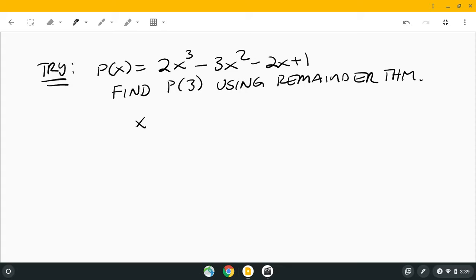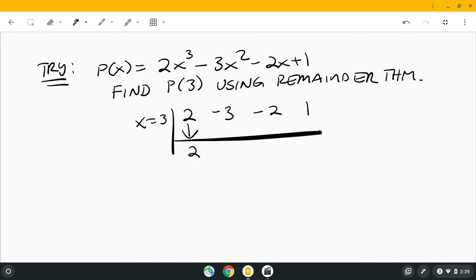Okay, so x equals 3, 2, -3, -2, 1. 2. 2 times 3 is 6. 6 minus 3 is 3. 3 times 3 is 9. 7, 21, 22. So p of 3 should equal 22.